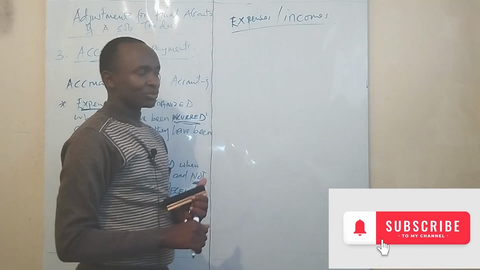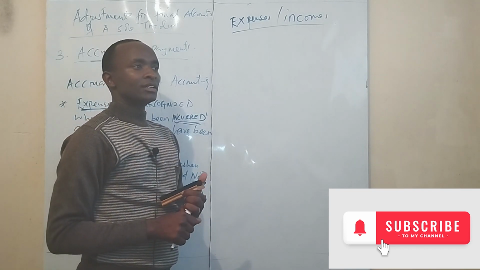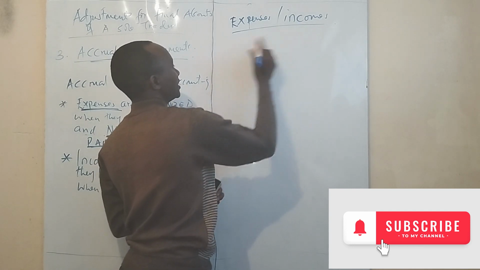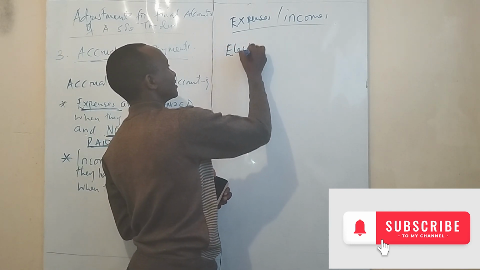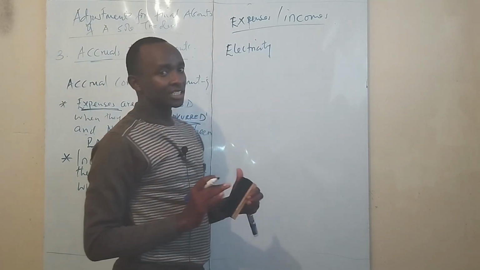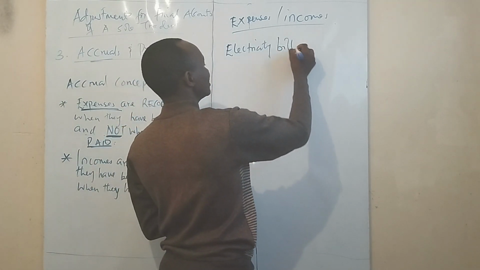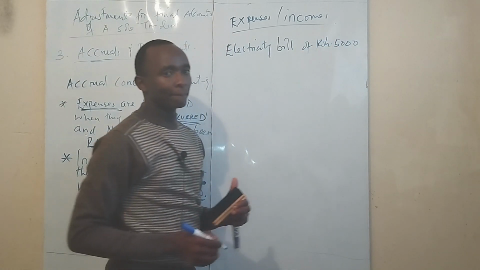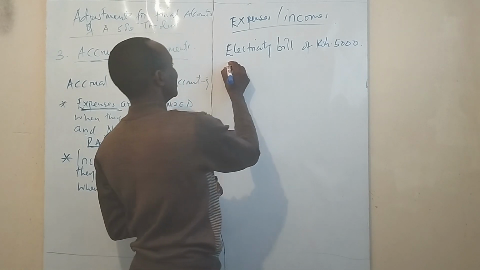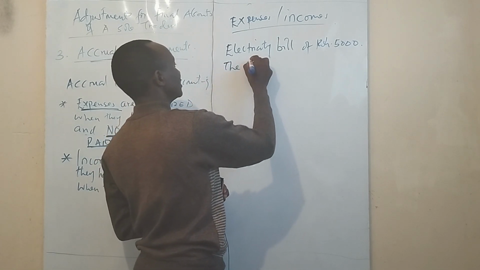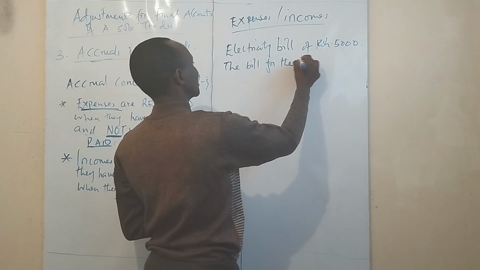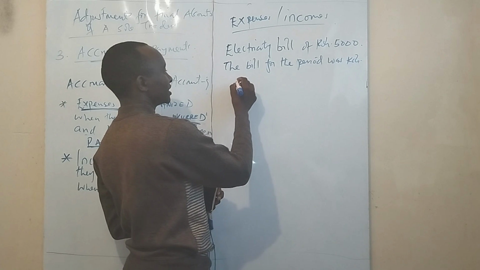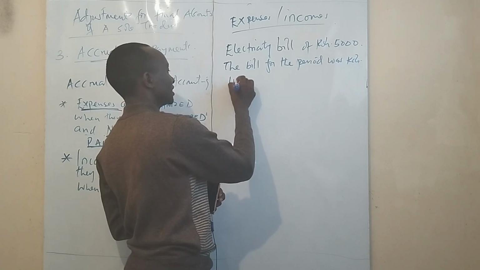So let's take a very small example here, that maybe me, now I paid electricity bill. Electricity is an expense. An electricity bill of Kenyan shillings 5,000. And then the bill for the month, the bill for the period was Kenya shillings, let's say 10,000.